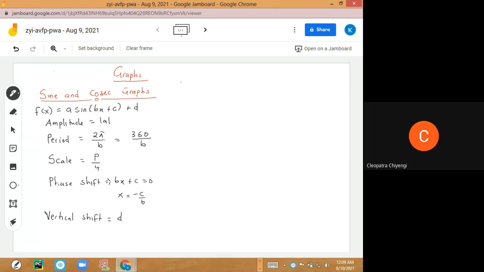Can you please repeat on the period and the scale? So the period, you just divide the 360 by b. Let me give you an illustration. Suppose you have a function y is equal to negative 2 sine (3x plus pi) minus 4.